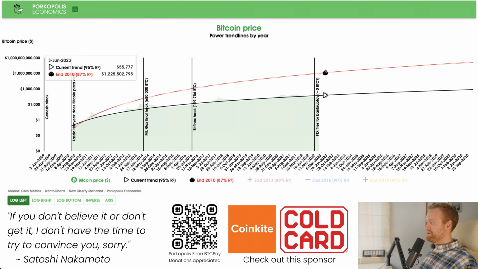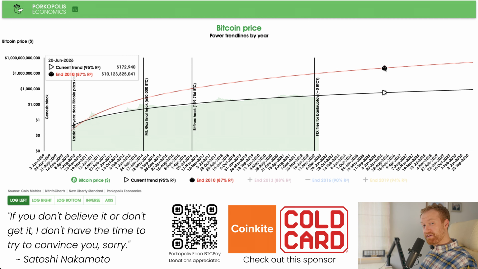So here we go. The current trend is the black line. The 2010 year-end trend is the red line. You'll see here that we're already at $10 billion with a B Bitcoin price prediction from the 2010 trend by June 2026.